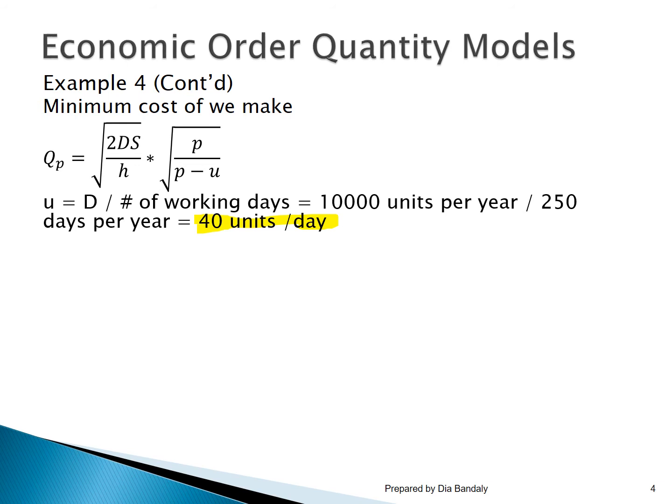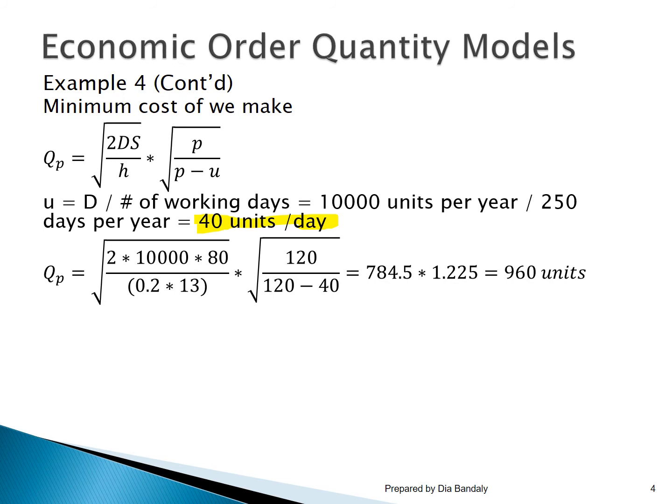And now we are ready to use the EPQ formula. And here we go, we find it to be equal to 960 units. You notice here that, as we did in the EOQ, we multiply 20% by 13 because 13 is the unit cost when you want to produce every unit.